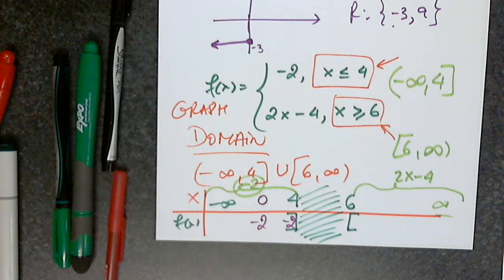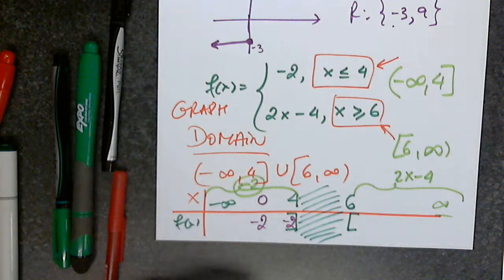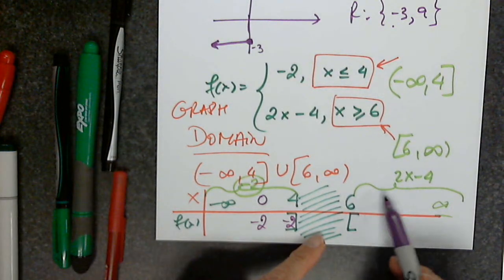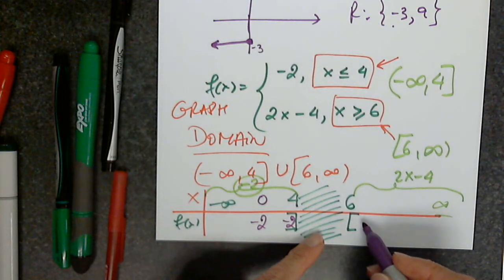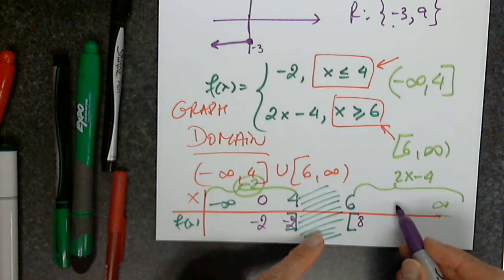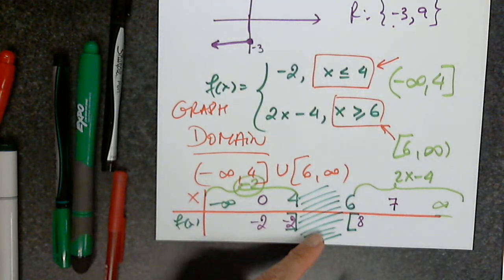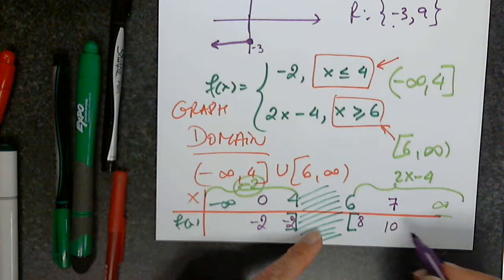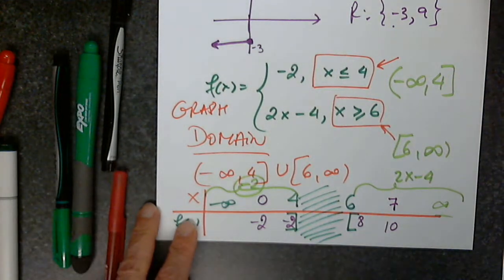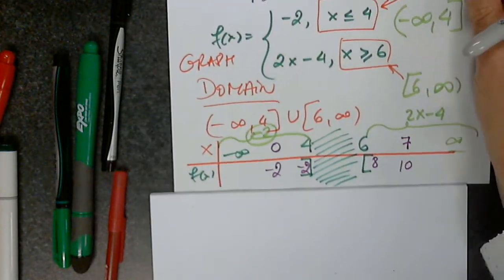Between negative infinity and 4, the function is negative 2. Perfect. On the other side, I have to plug in 6. What do I get? Perfect. Let's also plug in 7 and see what we get. Very good. That's all I need. They are lines. I don't need more than 2 ordered pairs.